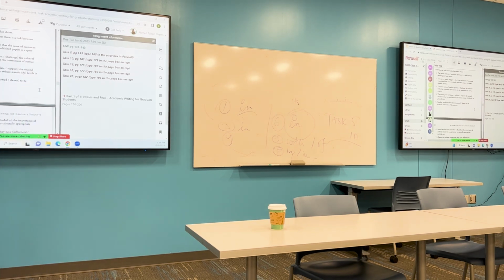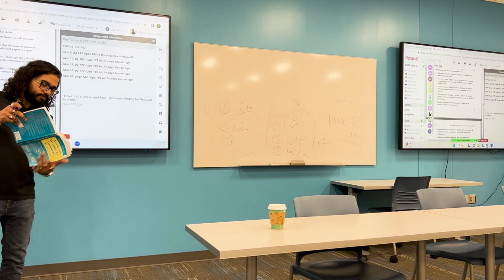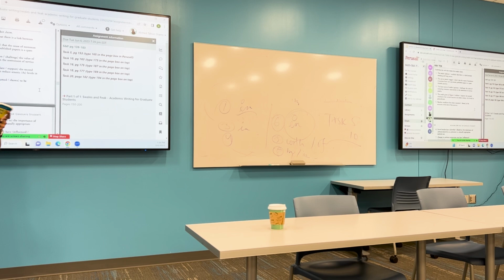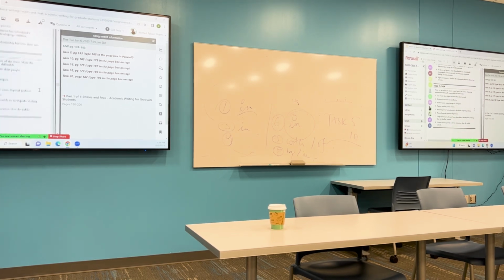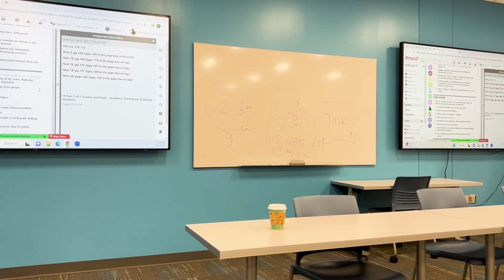On the other hand, for example, the next one, number nine: as shown in figure 3, trade liberalization has encouraged. So encourage is hedging because it's a softer claim.